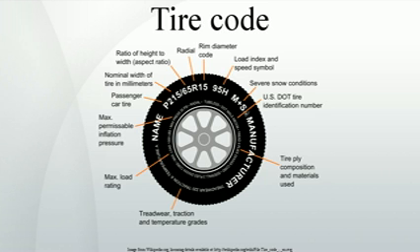R: this is a radial tire. 16: this tire fits 16 in, 410 mm, wheels. 85: the load index, a maximum of 515 kilograms, 1,135 pounds, per tire in this case. H: the speed index, this means the maximum permitted speed, here 210 km per hour, 130 miles per hour.